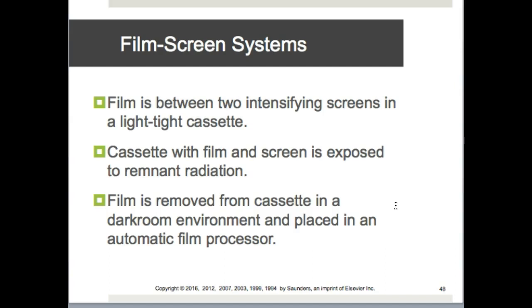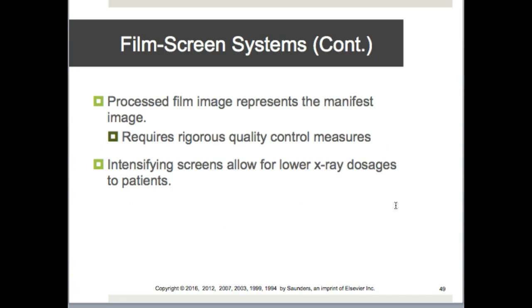I think I showed this to you guys in class, with a light tight cassette. Light tight means no light goes inside the cassette. The cassette with film and screen is exposed to the remnant radiation. The film is removed from the cassette in the darkroom and placed in the automatic processor. The processor gives us a manifested image and requires a lot of quality control to make sure everything's working properly.